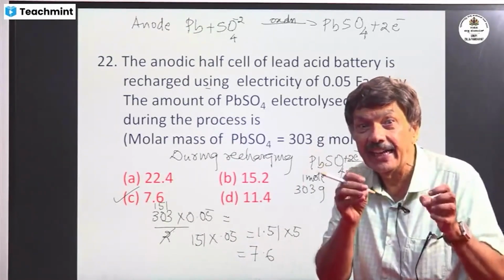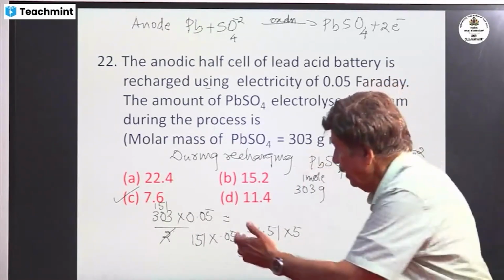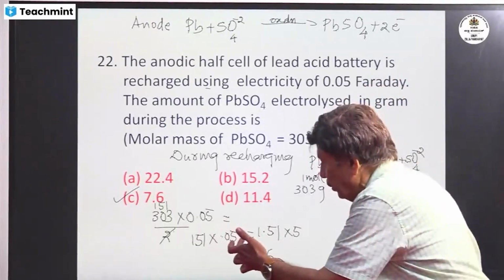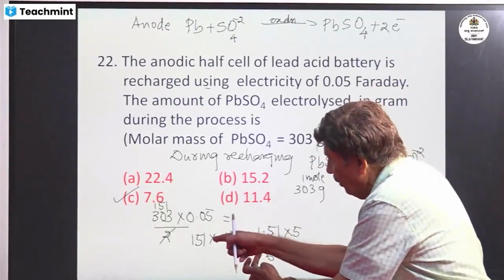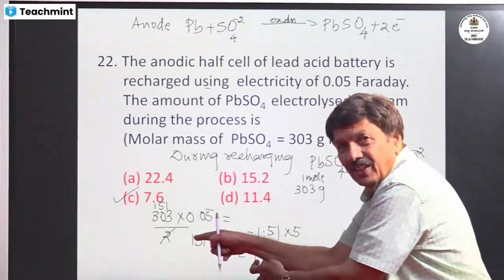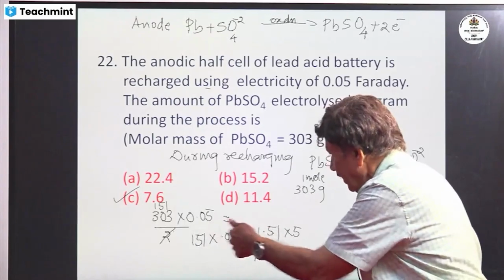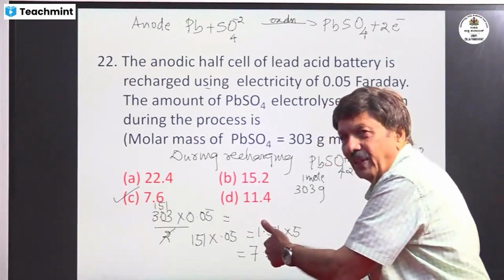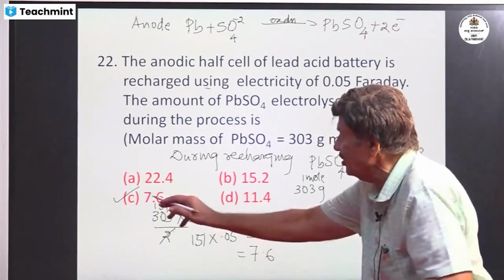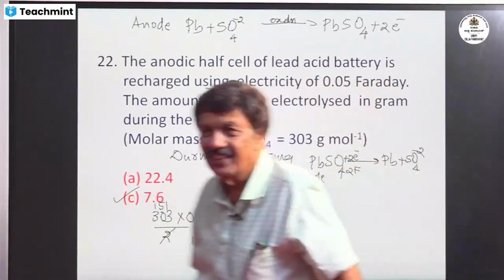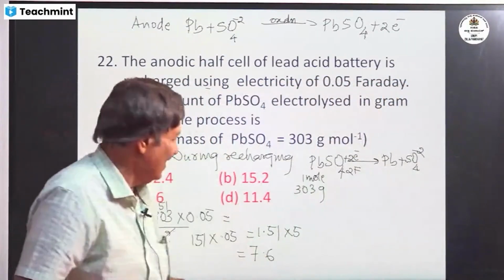Have a correct idea of shifting the decimal point. I have shifted this decimal point 2 to this side, so here you have to put the decimal point 2 to that side. So the change I did is nothing. So 1.51 into 5. 1.5 into 5 is 7.5. So 7.5 is the right answer. Okay, this is how you have to use the little logic, children.